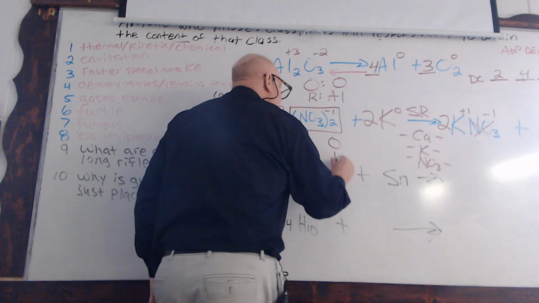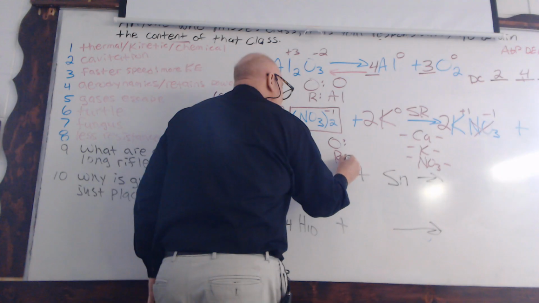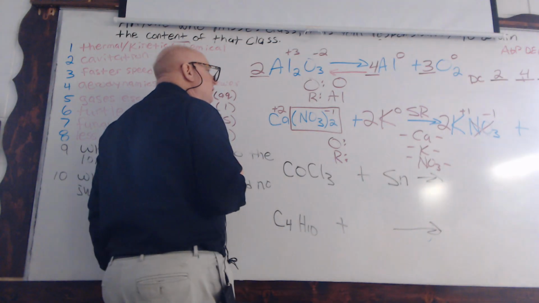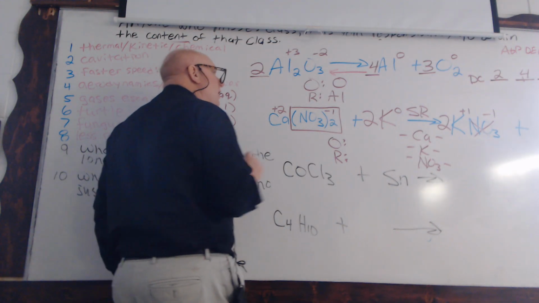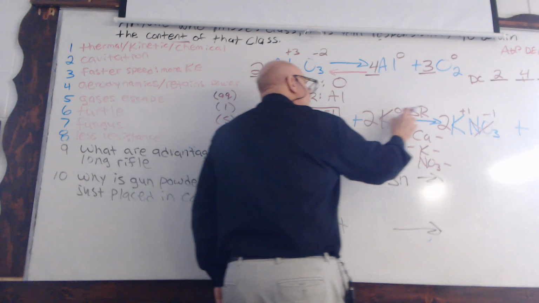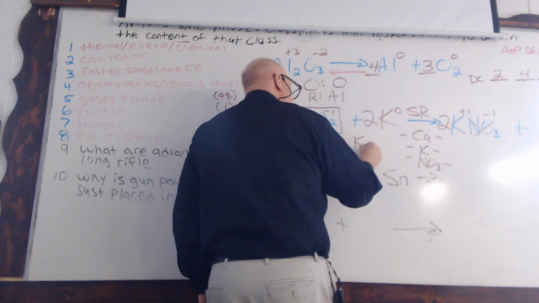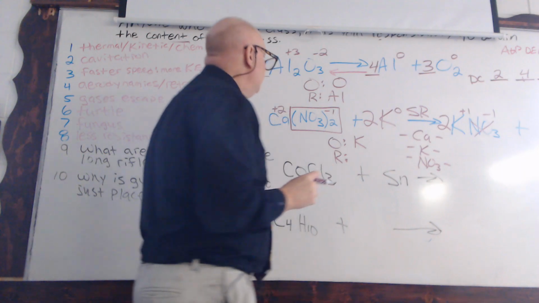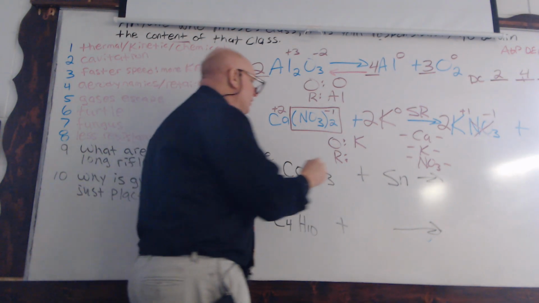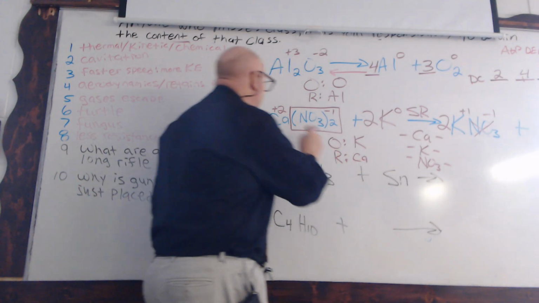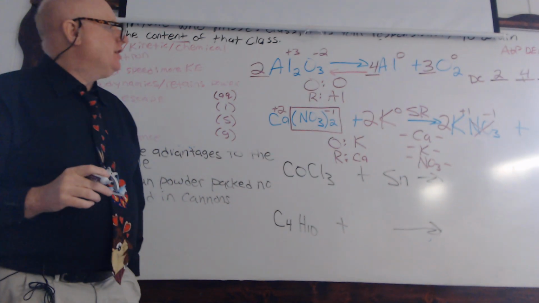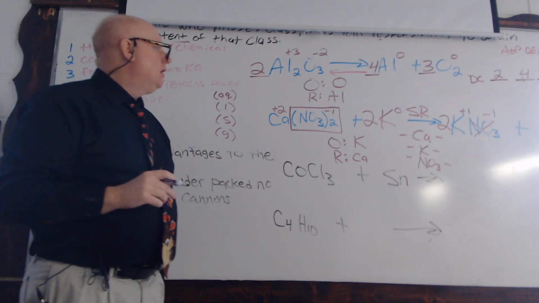So now, who is oxidized? Because this lost an electron, so this is now oxidized, but potassium. So what is reduced then? Calcium is then reduced because 2 is larger than 0. All right.